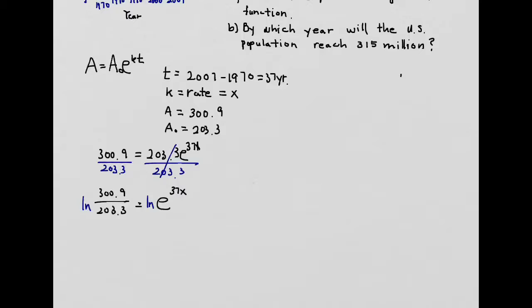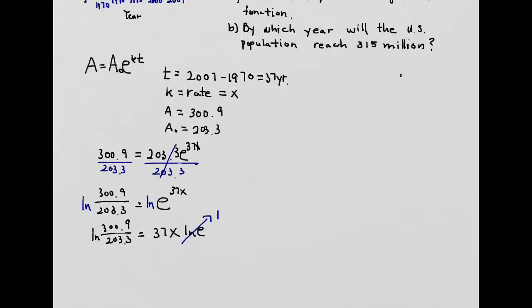This will give me ln of 300.9 over 203.3 equals 37 times x times ln e. And we also know ln e equals 1.